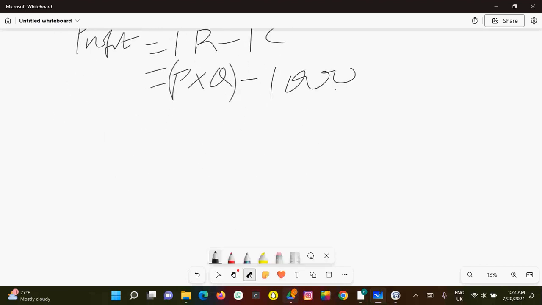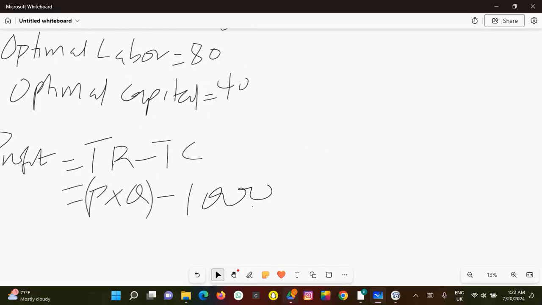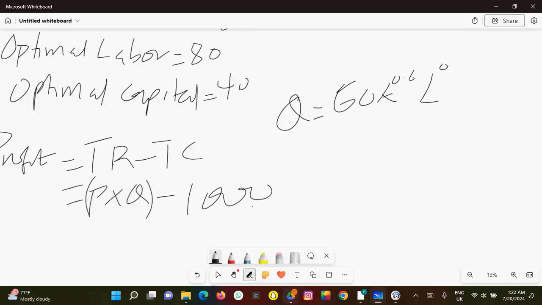The production function here is the same one, which was Q equals 60 K to the power 0.6 L to the power 0.4.